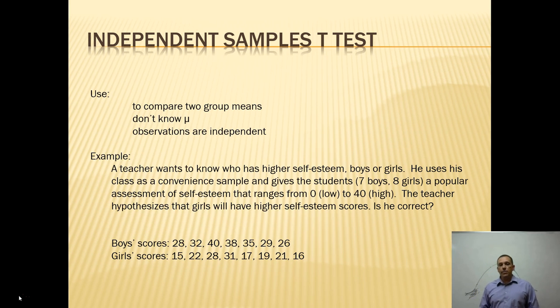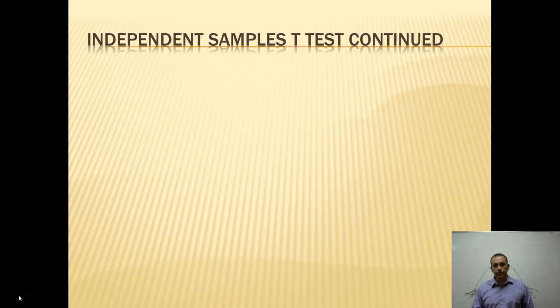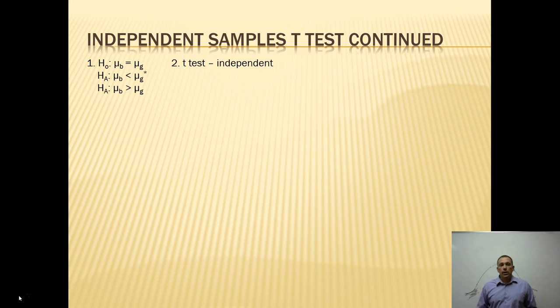Kind of look at it and begin to guess that he's probably not correct, but we need to analyze this anyway to see if it is in fact the case. So get out your 7 steps for NHST and let's walk through them. Step 1, let's write out our hypotheses. The null hypothesis first: the self-esteem for boys is equal to that of girls.